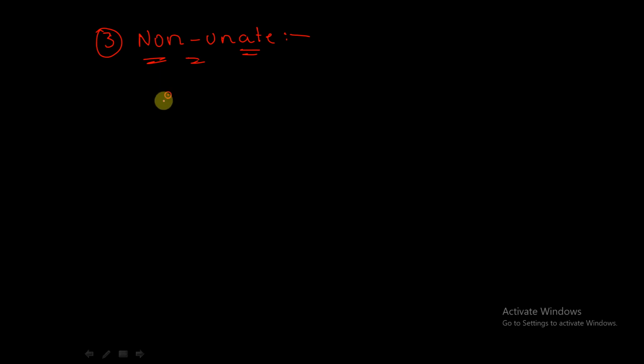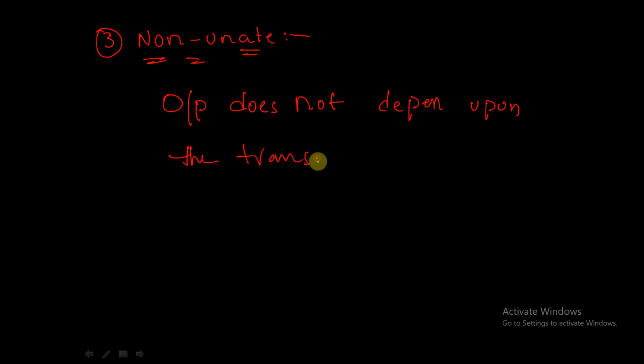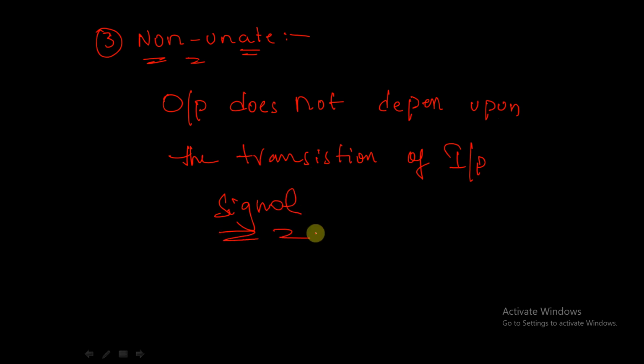In this case, the output does not depend upon the transition of a single input signal. The output transition does not depend on only one input but also depends on the other inputs supplied.